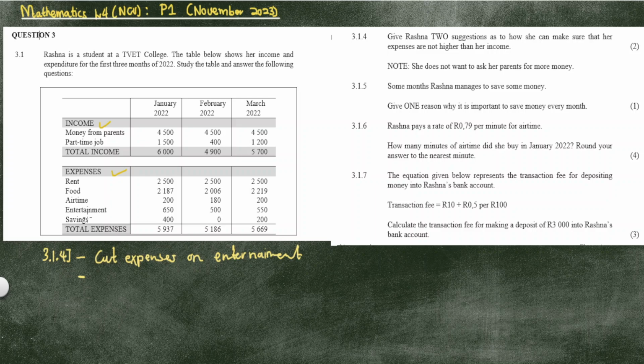Savings, in my opinion, are much more important than entertainment as well as airtime, because with savings you can prepare for unseen or unprepared for circumstances. So savings are very important. I would actually encourage her to save even more instead of saying save less.